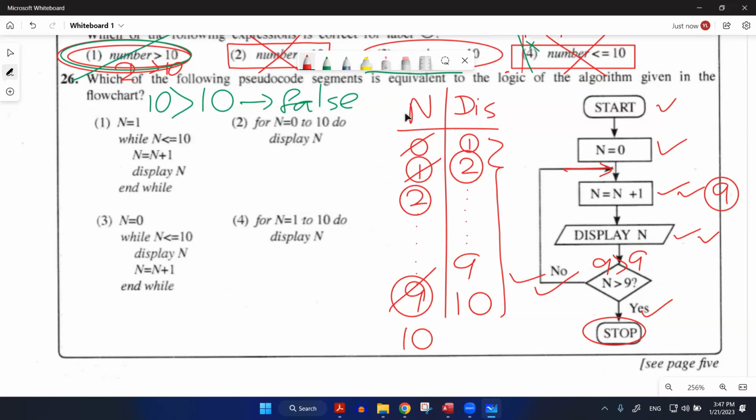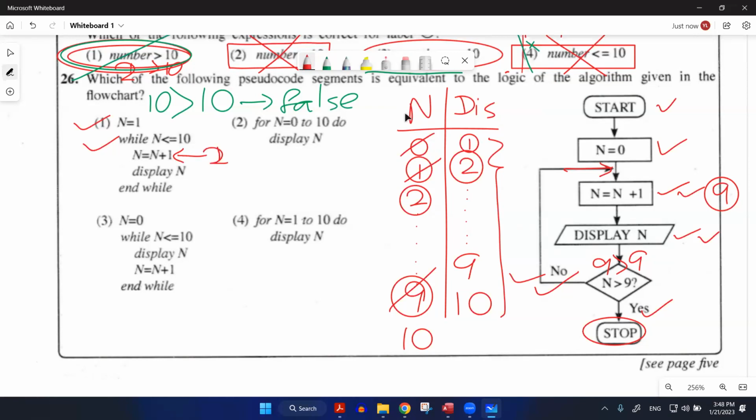So now we have to figure out which program does the same thing, the same logic, which is given in the flowchart. So this starts from n equals 1 and it checks whether while n is less than or equal to 10, n is increased by 1.